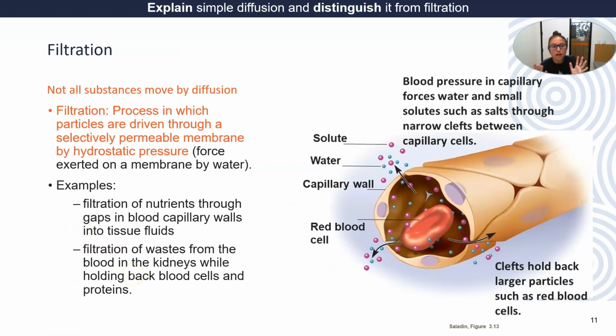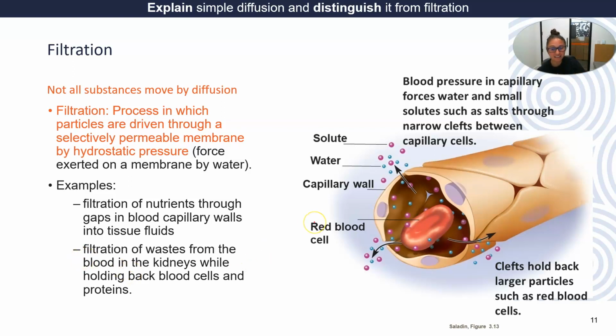Okay, so lots and lots of molecules in our bodies move by diffusion, but not all of them. Diffusion is not the only way that molecules move around. They can also be filtered. Now, we can look at filtration later, because filtration happens in select spots, and I will point them out to you when we come across them.